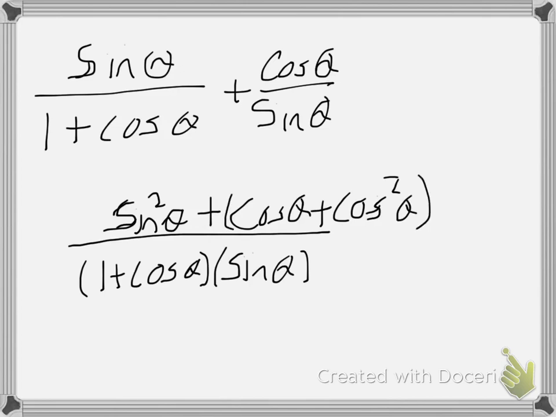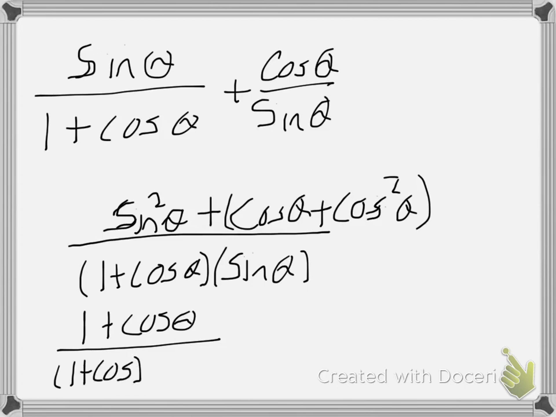Well, this is addition, and addition is commutative. I see sine squared plus cosine squared. I can replace that by 1, right? So that gives me 1 plus the cosine of theta divided by 1 plus the cosine of theta times the sine of theta.